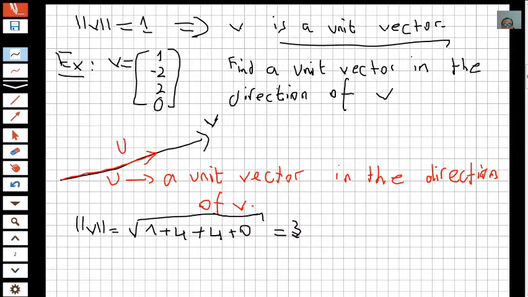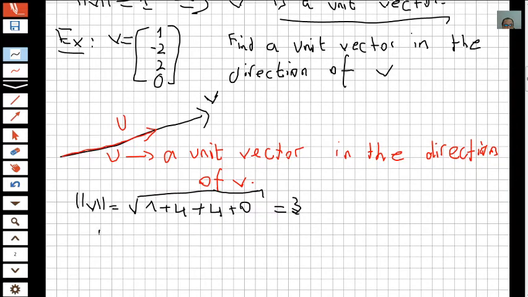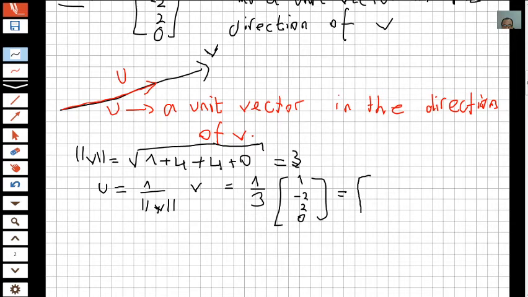And to find a unit vector in the direction of v, u will be in the form 1 over the norm of the vector v, times v. So we have 1 over 3 times the components 1, minus 2, 2, 0, which is equal to 1 over 3, minus 2 over 3, 2 over 3, 0.